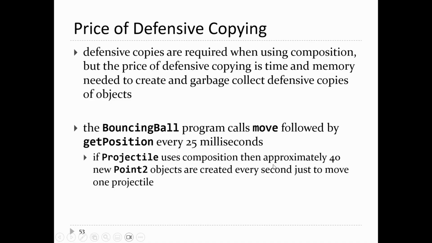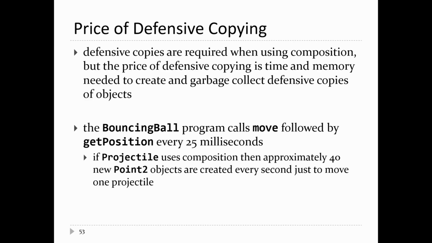So this is the price of using composition. Composition requires that you make defensive copies of stuff. Well, what is the price of making these copies? Point 2 only has 2 double fields. It's not a lot of memory to represent a point object. But every time you make a new point object, the virtual machine has to allocate memory for that point object.